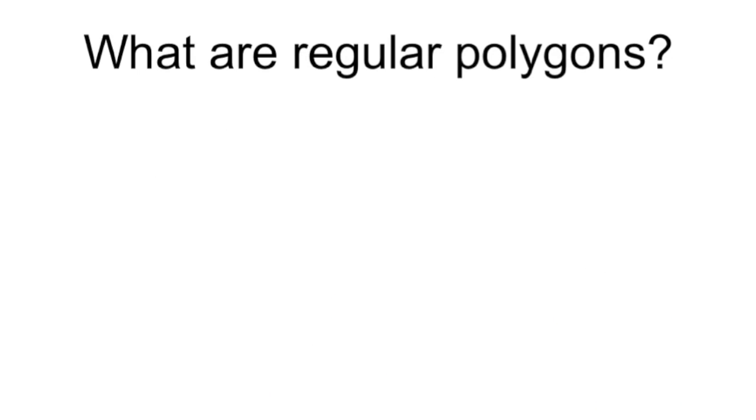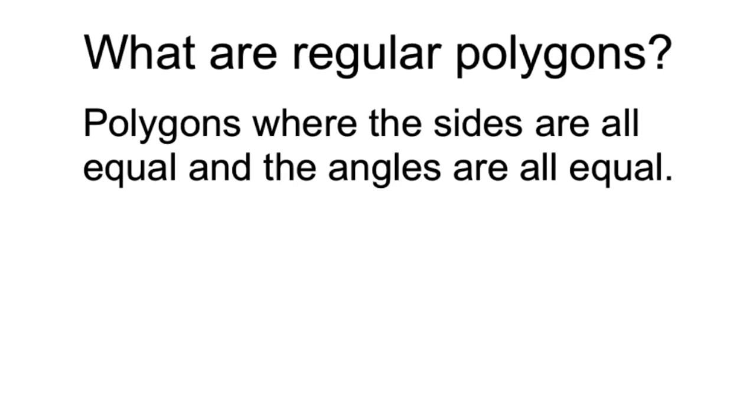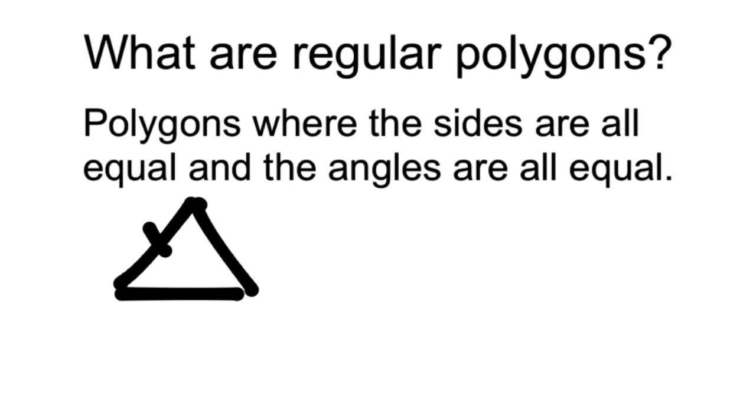What are regular polygons? Regular polygons are polygons where the sides are all equal and the angles are all equal. So for example, an equilateral triangle is a regular polygon. It has 3 equal sides and 3 equal angles.